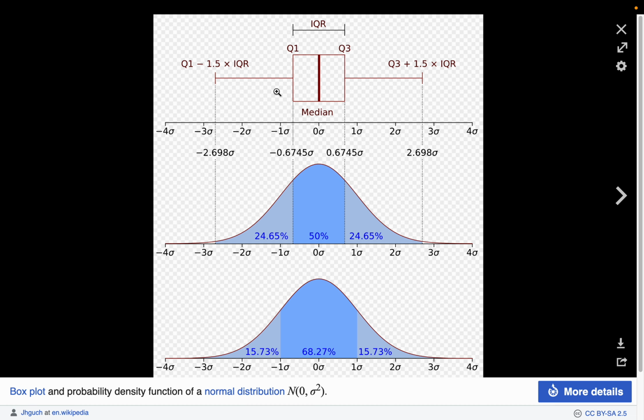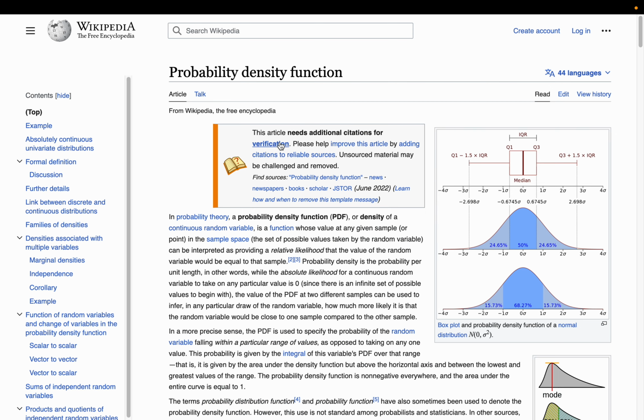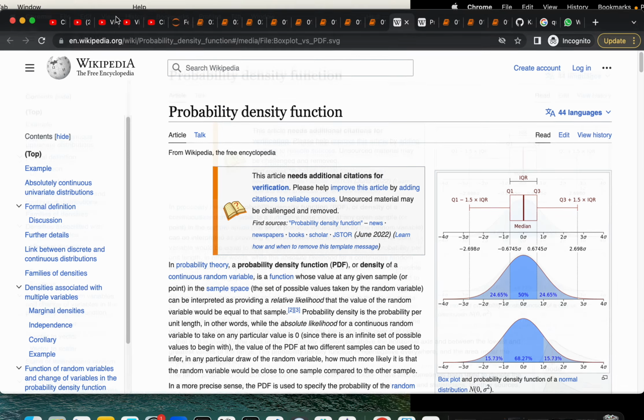So essentially, we are dividing the data into 4 bins, and each bin will have an equal number of values. Those are what the default quantiles represent. All right, let's go back to the code.